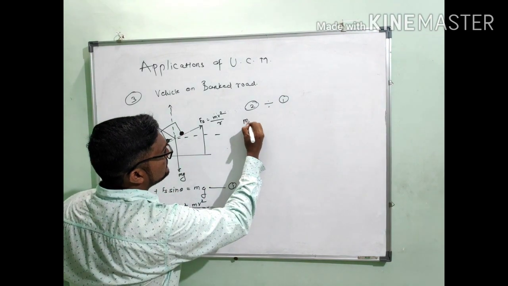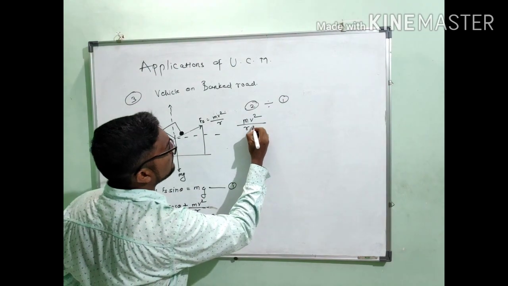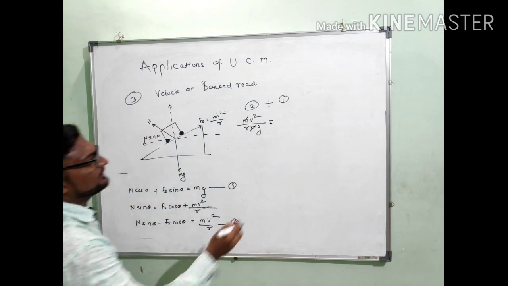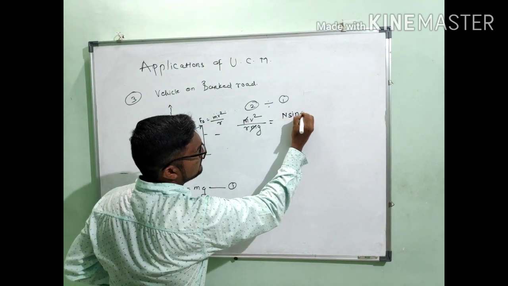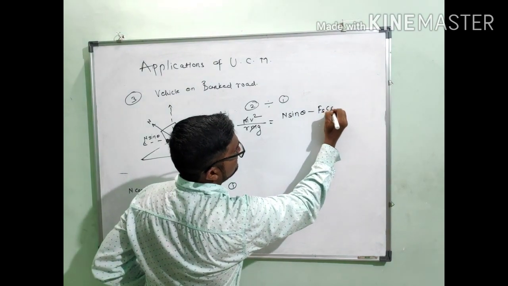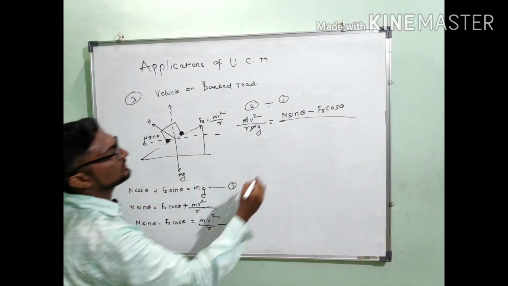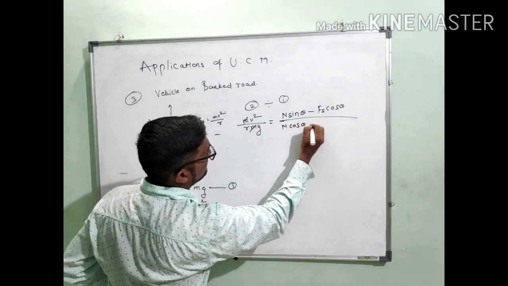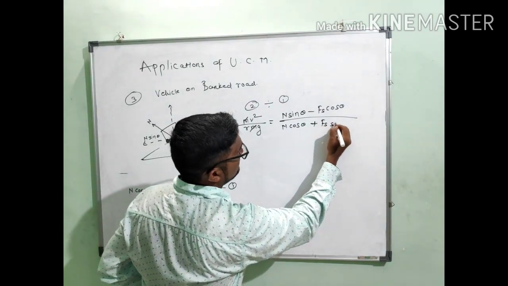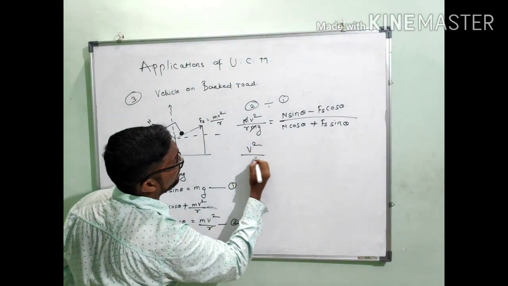So mv square upon r divided by mg, and m gets cancelled. We get (N sin theta minus Fs cos theta) upon (N cos theta plus Fs sin theta), which equals v square upon Rg.